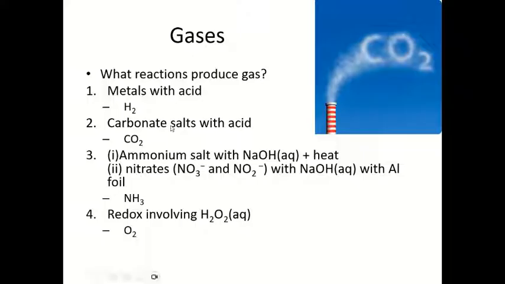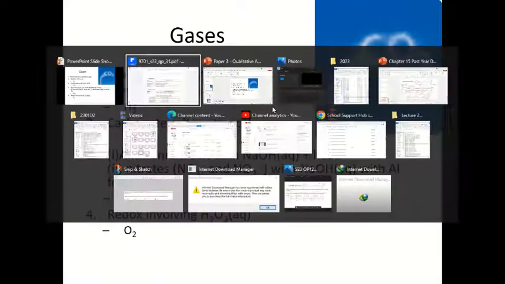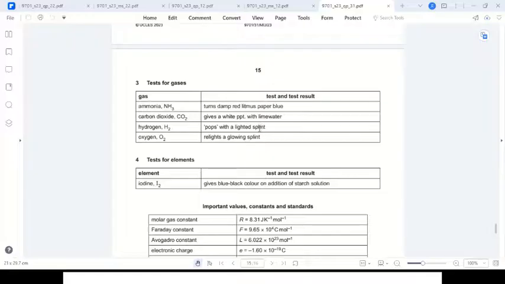Provided that the solid doesn't look like a metal, because if it is a metal, then you should test for hydrogen gas. If it is a white solid or a colored solid, then you are supposed to test for the presence of carbon dioxide, if the question is asking you to add acid to that solid.